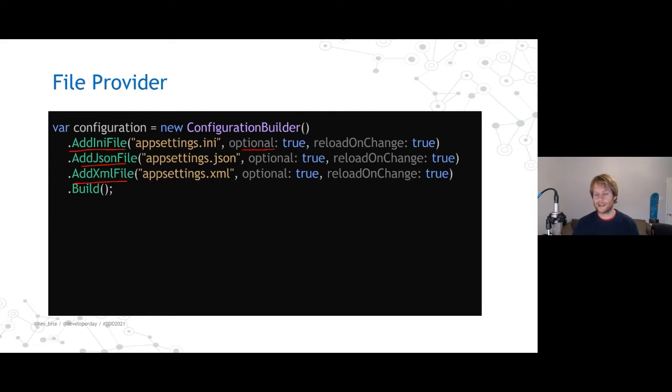So if that file doesn't exist, it'll just skip over it and not bother trying to load that. If that's set to false, the configuration builder will blow up when you call build. And then there's also the second argument here, which is reload on change. So this is how the reload stuff will probably work in reality, compared to that example I gave before.